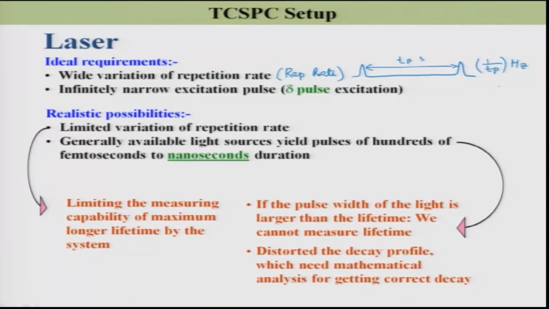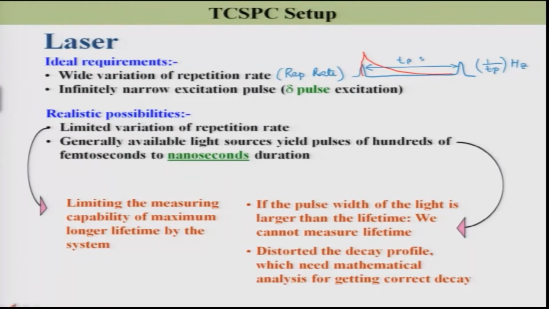I need a lower repetition rate, or a longer interval between the two pulses, when the fluorescence decay is much longer. Suppose the decay originates here and ends here, then Tp between the two successive pulses is fine.